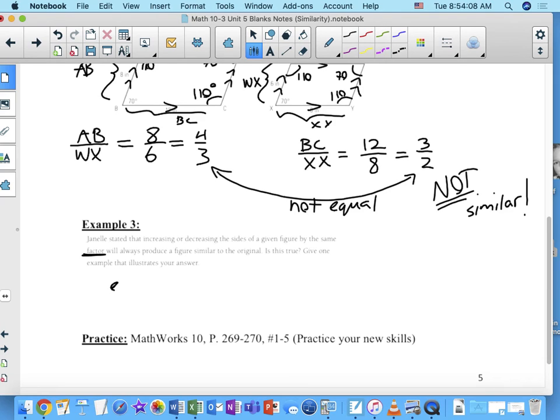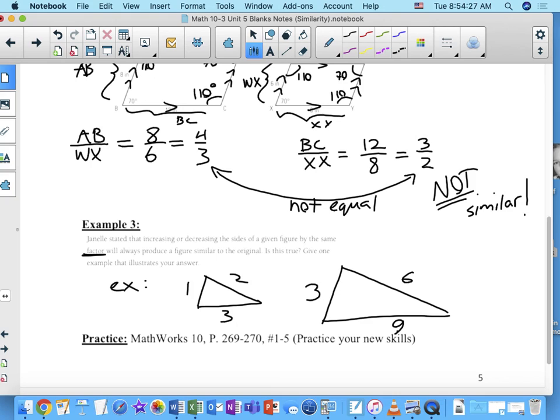So for example, if you start with something like a triangle where this is 1, 2, and 3, and you multiply them all by 3, then you're going to get something that's 3, 6, and 9. Okay?